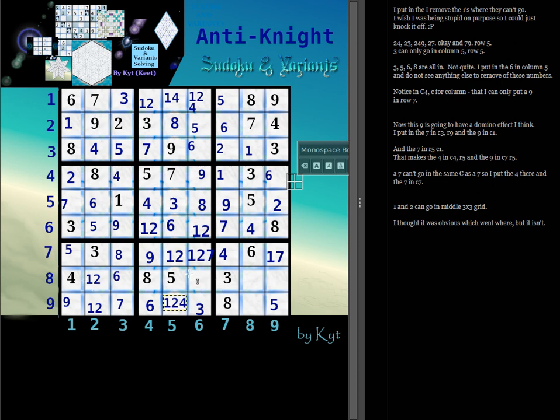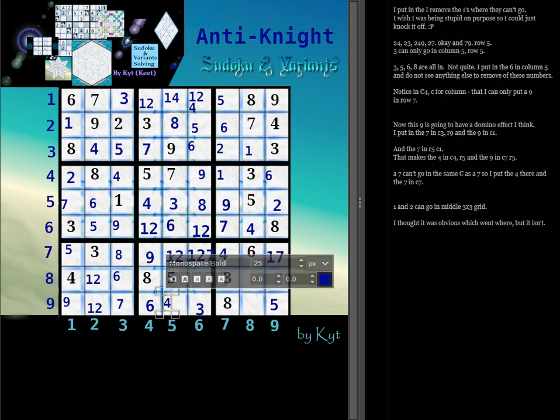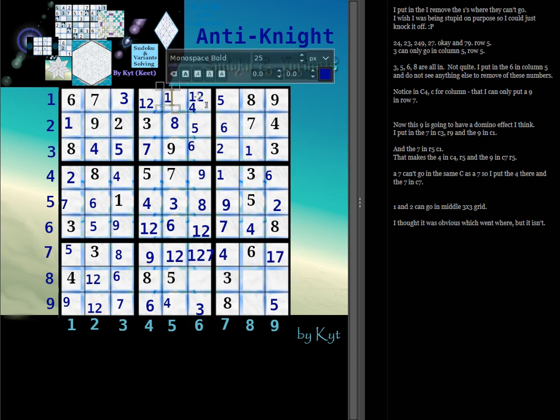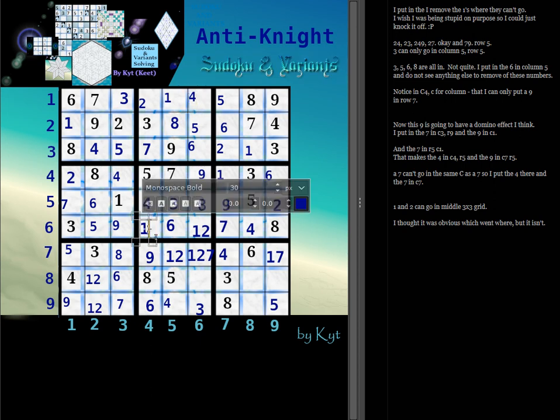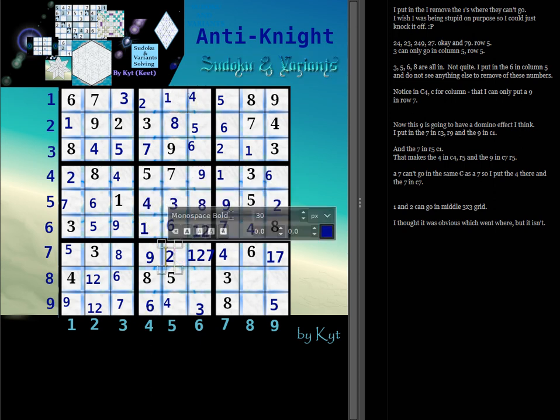No, 1, 2, 7. 4 can't go there, so it has to be the 4. And this has to be the 1, so that cannot be a 1. That has to be 2, which makes that the 4, which means that cannot be a 2. That cannot be a 1.